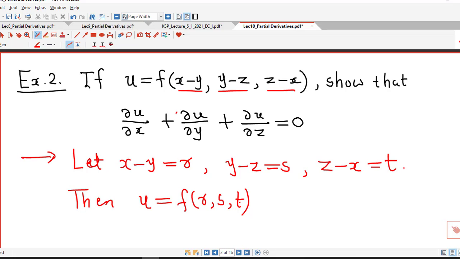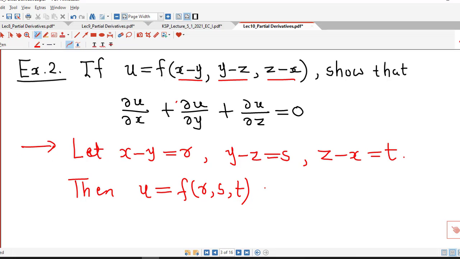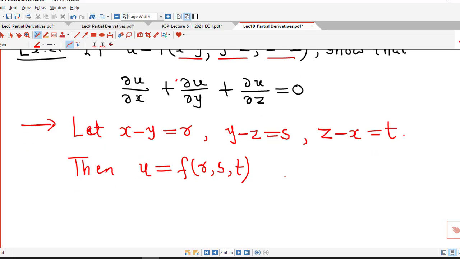So now u is a function of r s t, and r s t are functions of x, y, z. So u is directly a function of r s t and indirectly it is a function of x, y, z. So to find all these partial derivatives we can use chain rule.